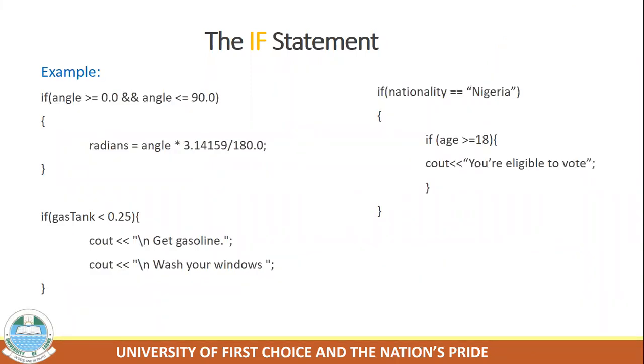Now let's look at an example using the if statement in making decisions. So let's say if an angle is greater than or equal to 0.0 and the angle is less than or equal to 90.0.